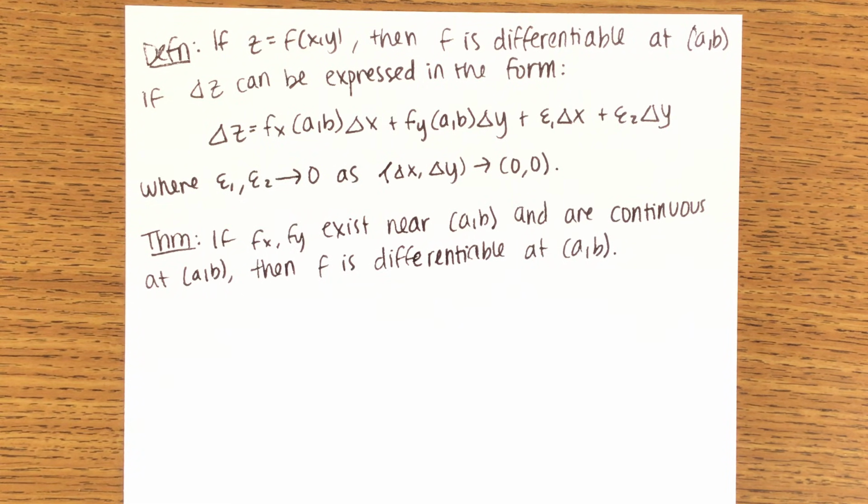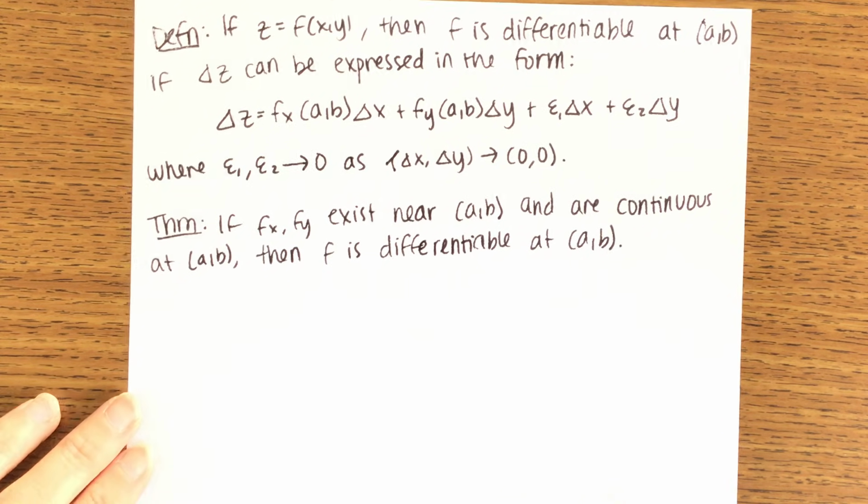So you're going to have to look at the two partials, make sure that they both exist at that point, make sure they're both continuous at that point, and then we can say our function is differentiable at that point. The same is true if you have more than two variables. So if you're looking at a function of 3 variables, 4 variables, the same idea applies.